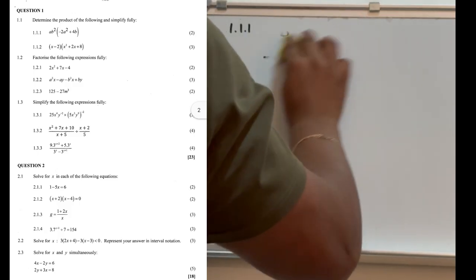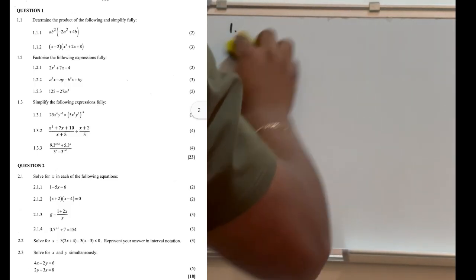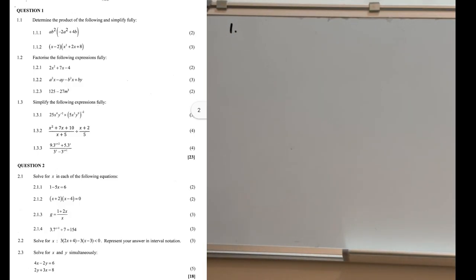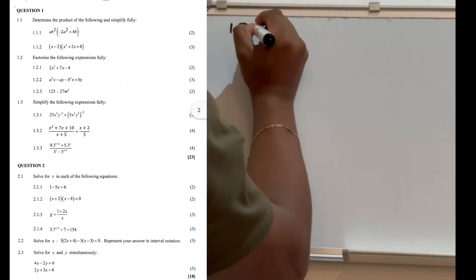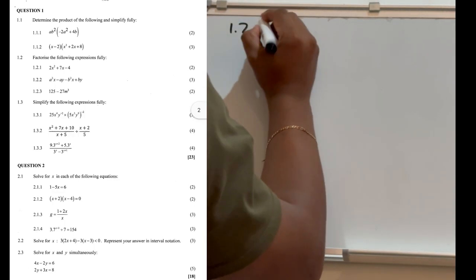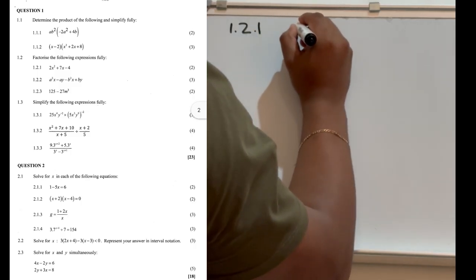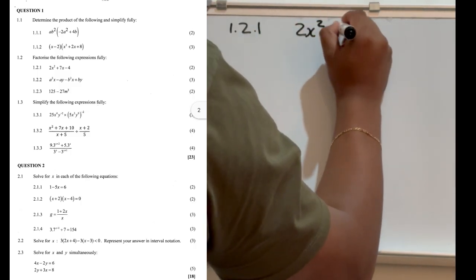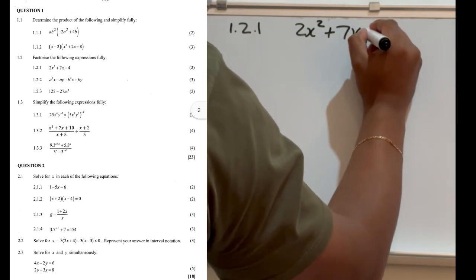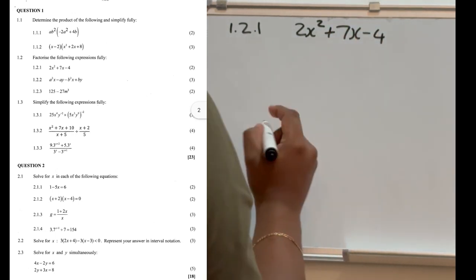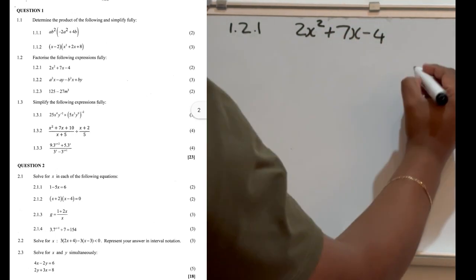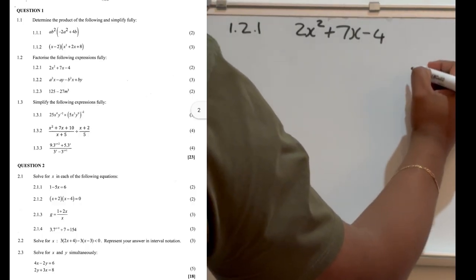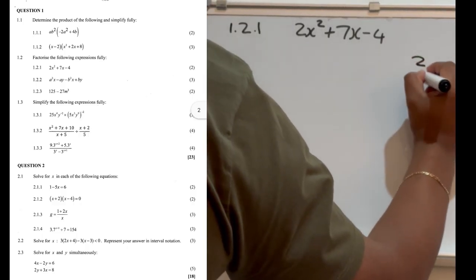Then we're going to go to 1.2. They say factorize fully. Okay, 1.2.1, we're going to get 2x squared plus 7x minus 4. Okay, so here we're going to go for the multiples of 2, which is 2 and 1.